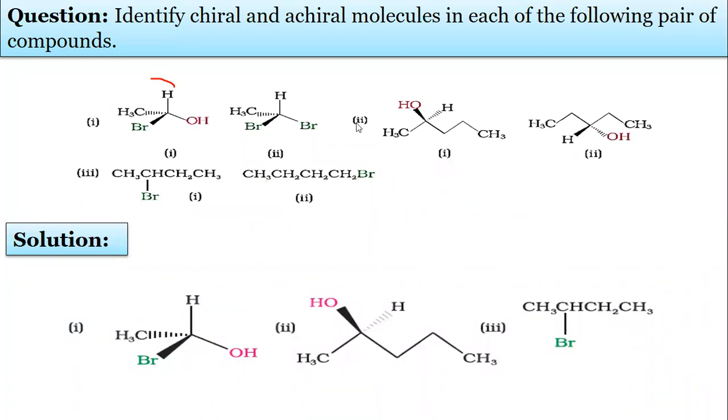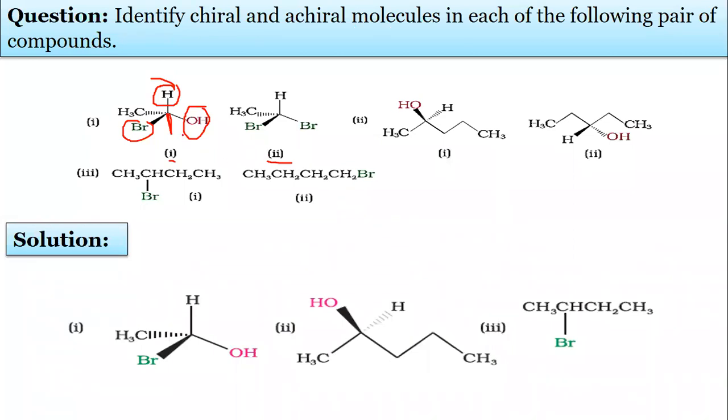Tell me, first, is this chiral? This carbon is a chiral carbon, because 4 different groups are attached here. We can see H, OH, Br, and CH3. So this is also chiral. These are pairs 1 and 2. What we have to do is identify the chiral and achiral molecules.